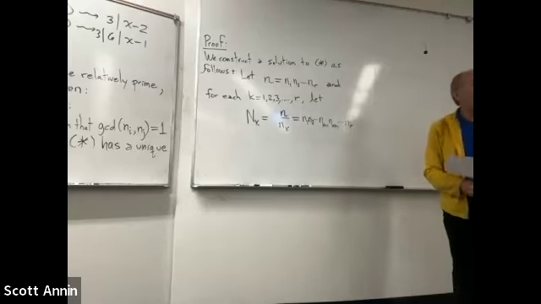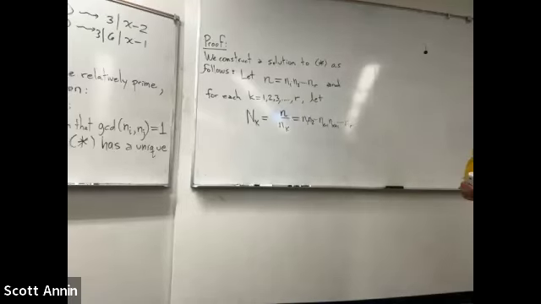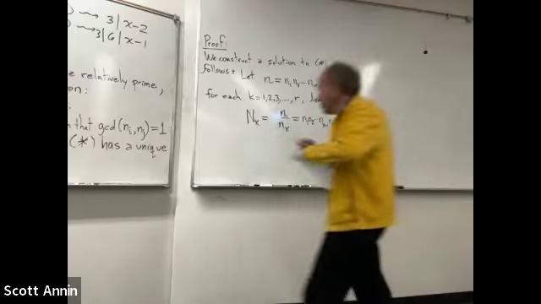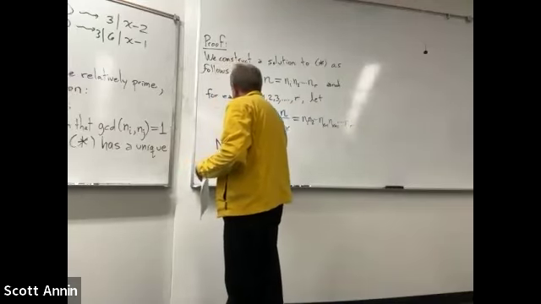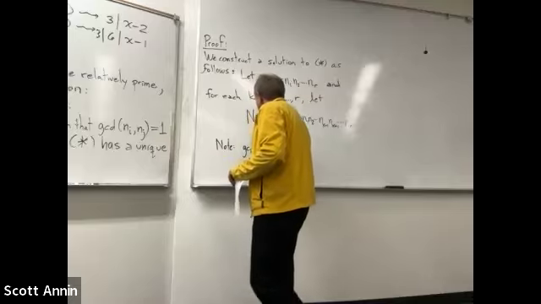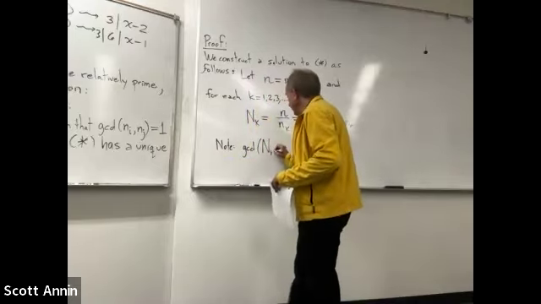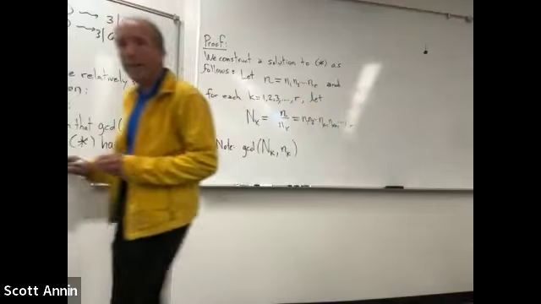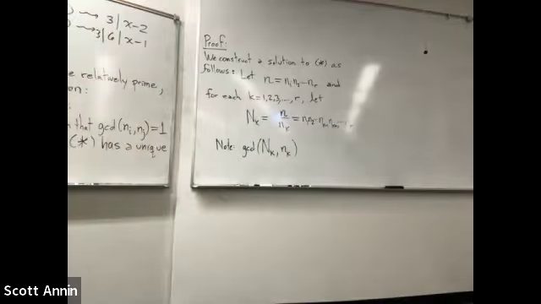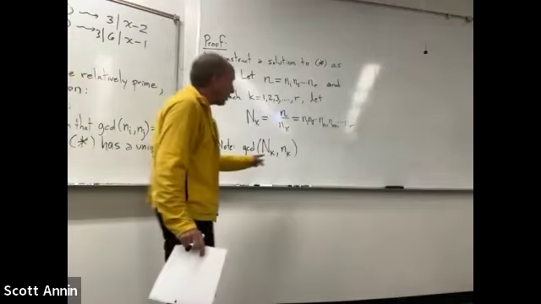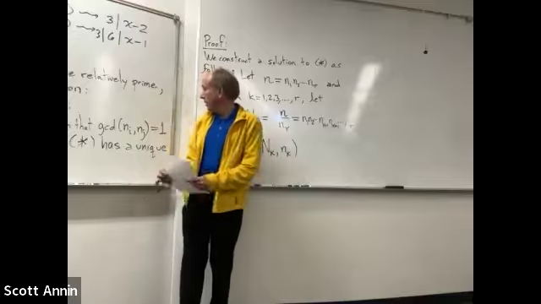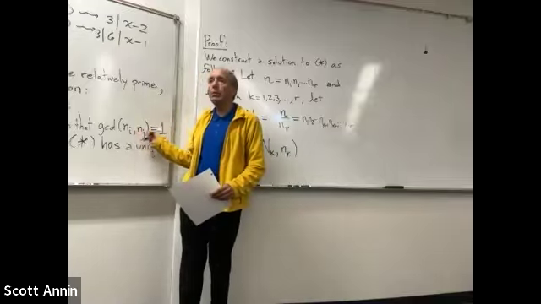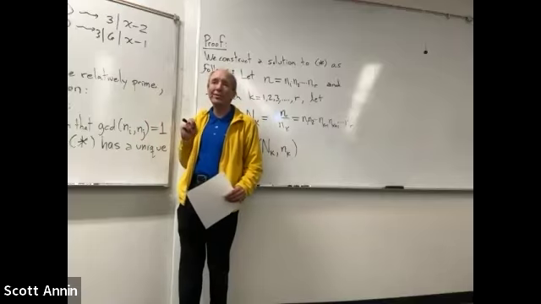So we're going to create this capital N sub k. And I want you guys to notice the greatest common divisor of the big N sub k with the little n sub k. Let's think about common factors here. Remember, guys, little n sub k is relatively prime to all of the other little n's, right?